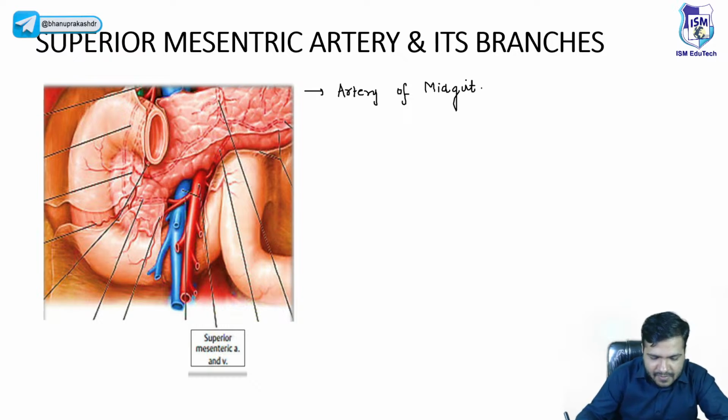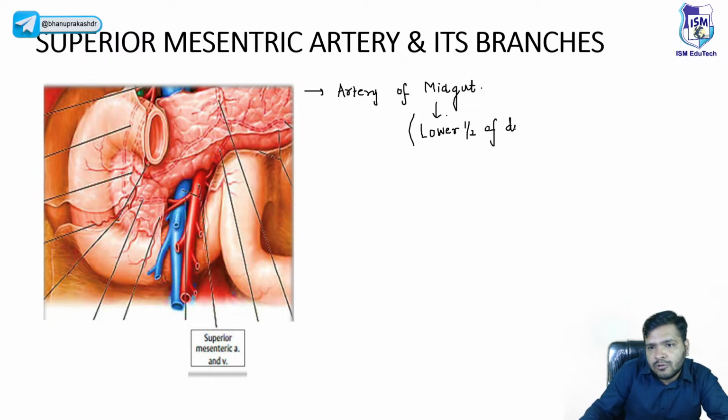So it is the artery of the midgut. So when I say midgut beta, so you should remember हमने कहाँ पे छोड़ा था? Upper half of the duodenum. So you should know we have the lower half of the duodenum. We have jejunum. We have ileum.